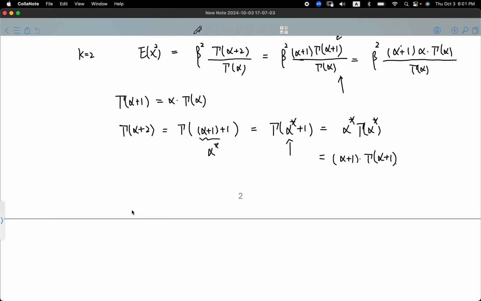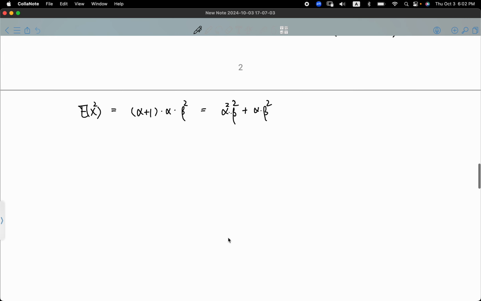So in the end, for the second moment, you will have alpha plus 1 multiplied by alpha multiplied by beta squared. That will give you alpha squared beta squared plus alpha beta squared, and that should be your second moment. You can also verify this when you are working on your homework.